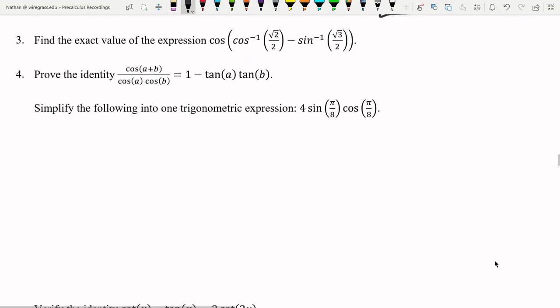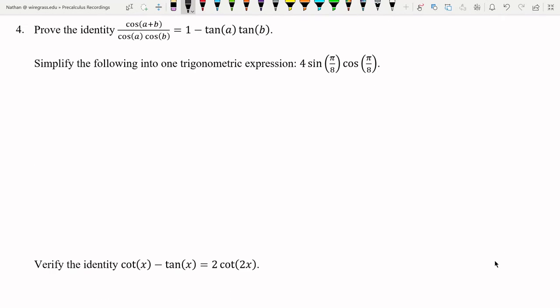All right, simplify the following into a single trigonometric expression. For this one, we really want to look at what is given to us and see if there's a trig function that satisfies this whole thing. And there is one, actually. I can see that sine 2 theta equals 2 sine theta cosine theta.